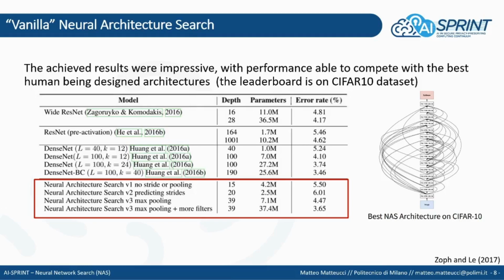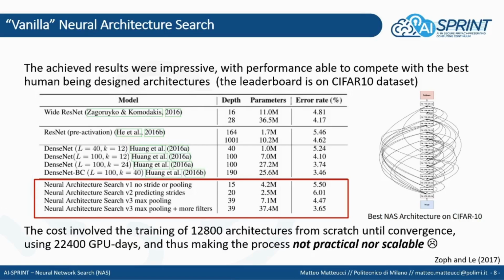What is important is that on average, the networks proposed by the neural architecture search had human-like performance, but with way fewer parameters. On the right, you see one of the examples of the network. You can recognize the structure with the sequence of blocks and the shortcut connections generated by the neural architecture search algorithm.